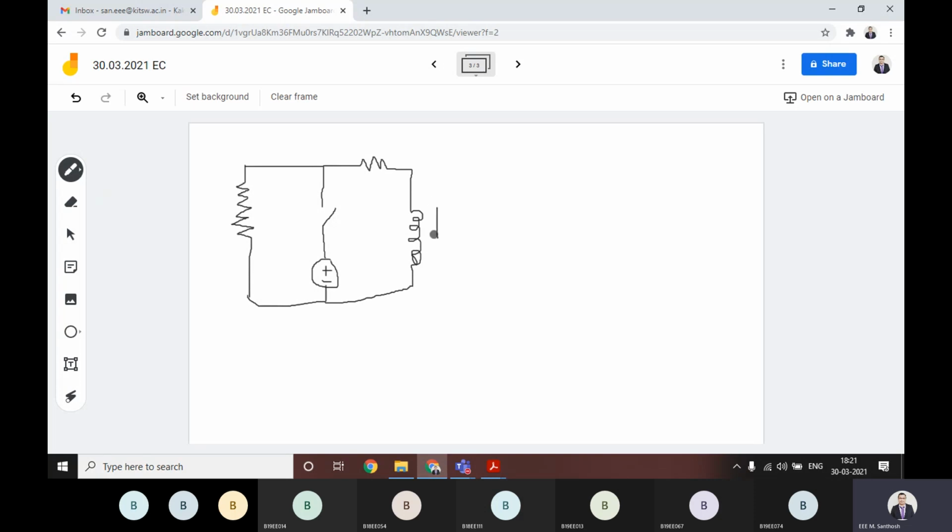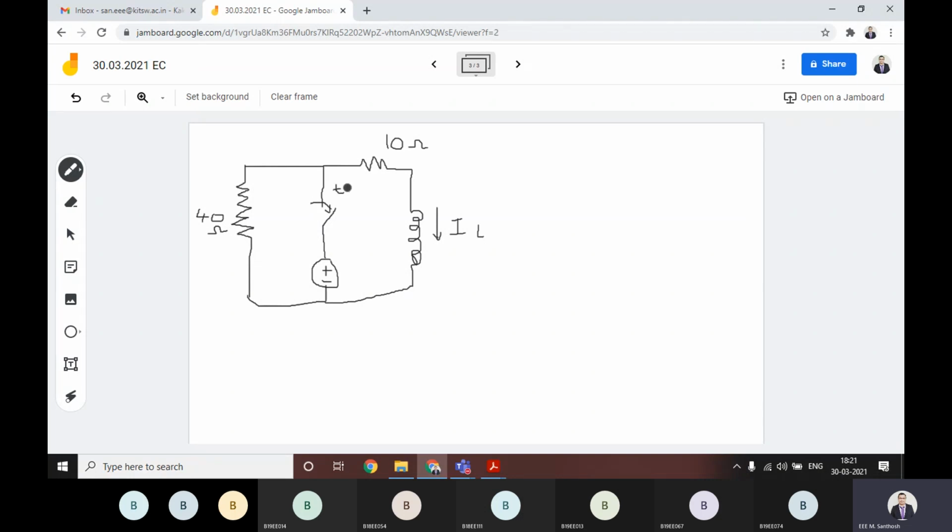The current flowing through this one is IL, okay, and this is 10 ohm, this is 40 ohm, and there is a switch.